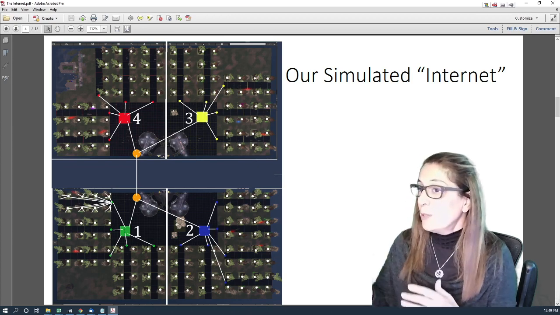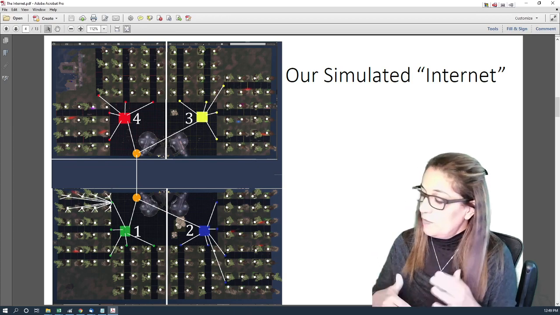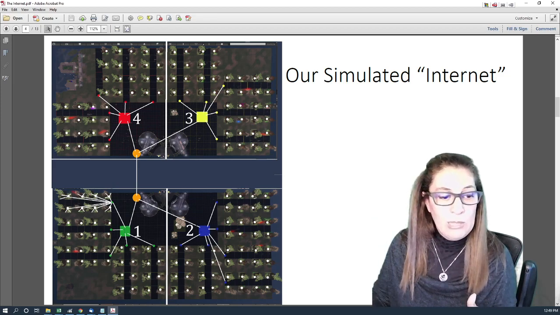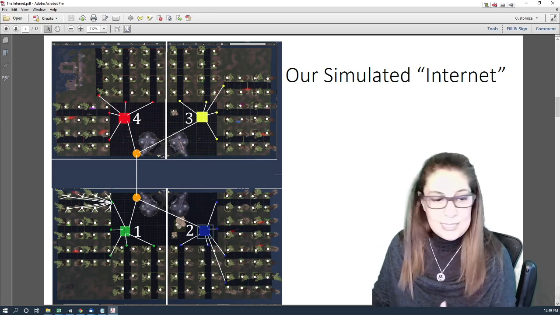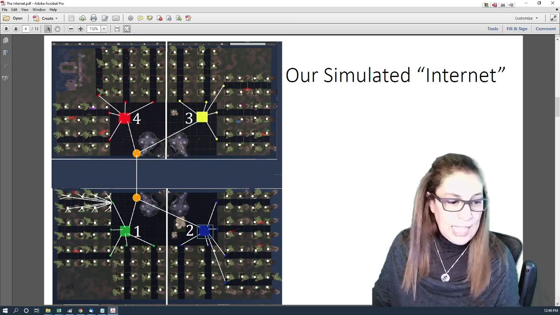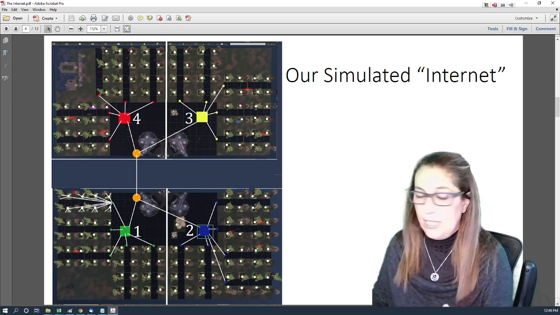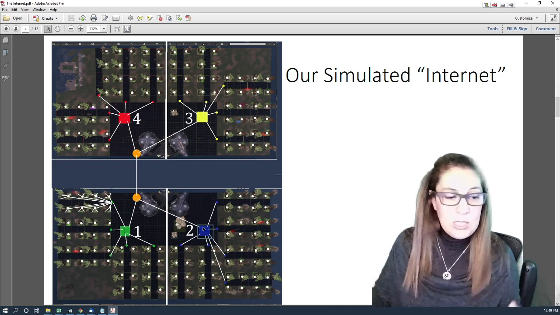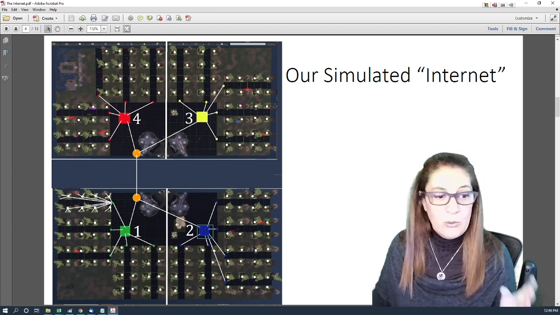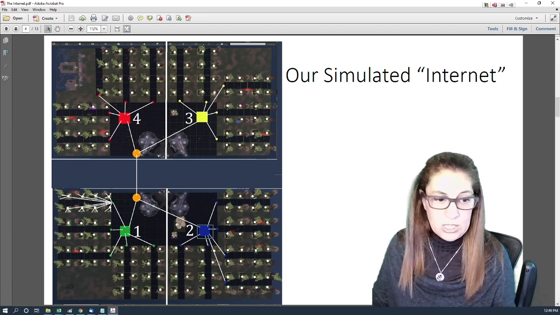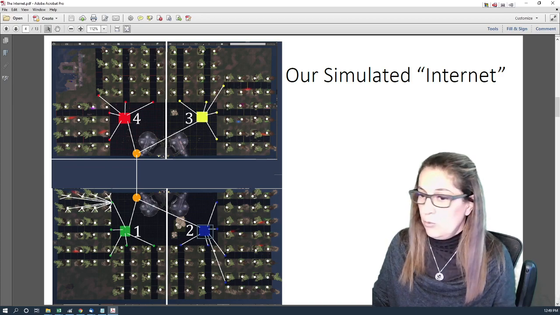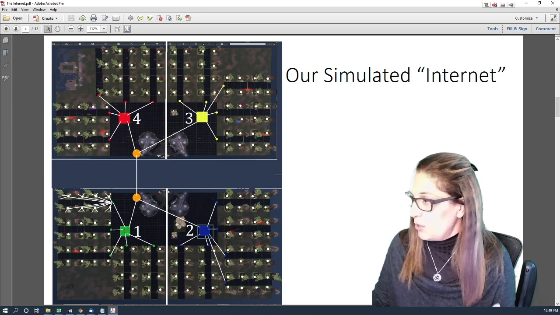But in order to send messages between tree houses in different streets, you need a zone level router, some router that now connects all of the street level routers. Once you connect all the street level routers to this zone level router, you are capable of sending messages from any home network in that zone to any other home network in that same zone, right?